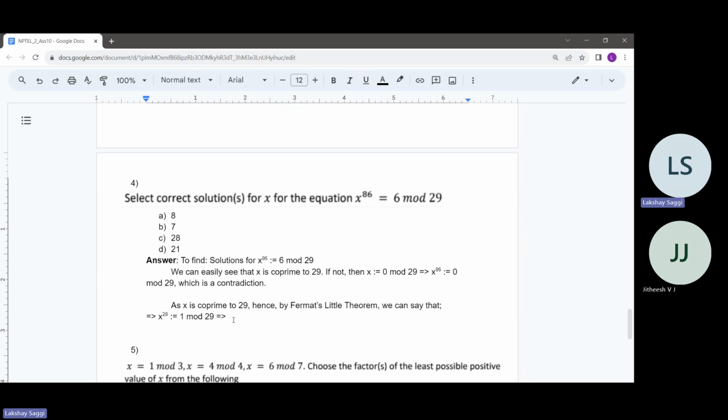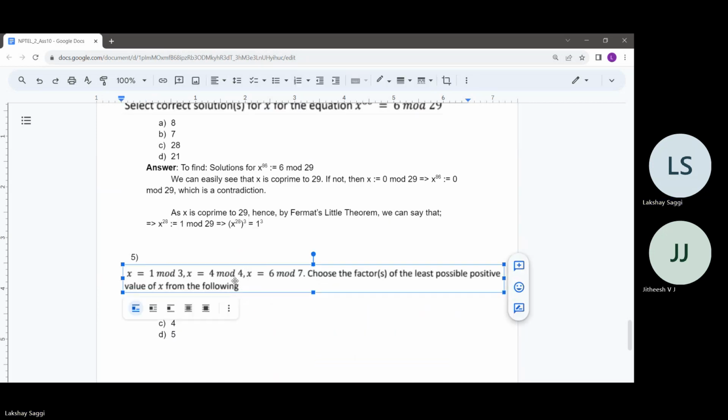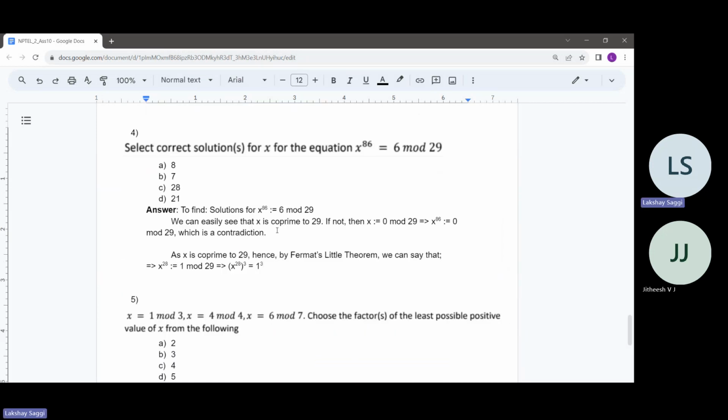If we take the cube on both sides, we write x raised to the power 28 whole raised to the power 3, which is congruent to 1 cube mod 29.